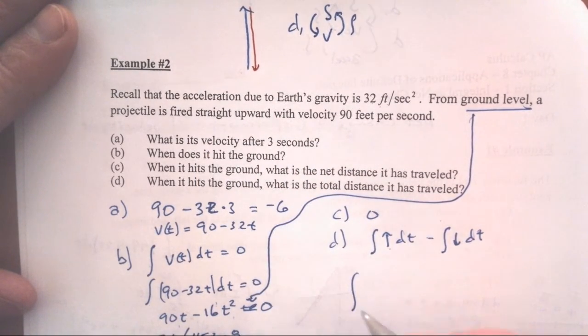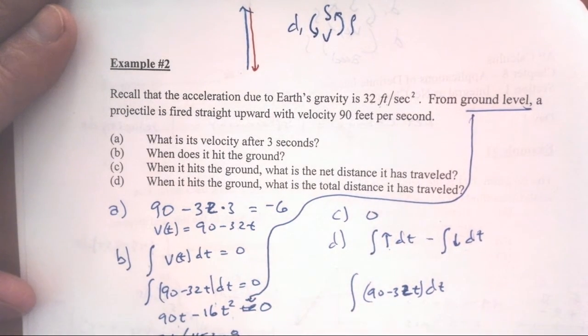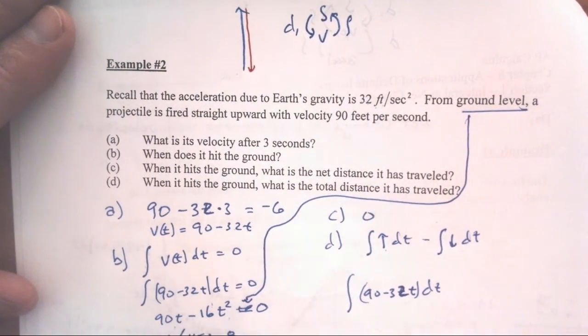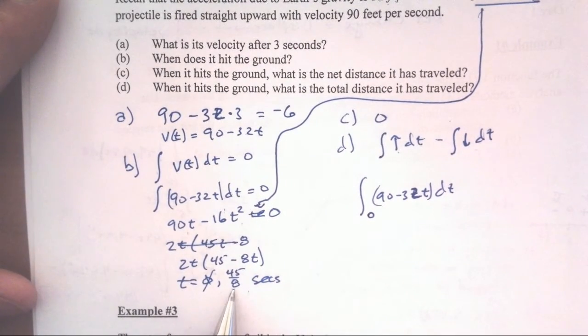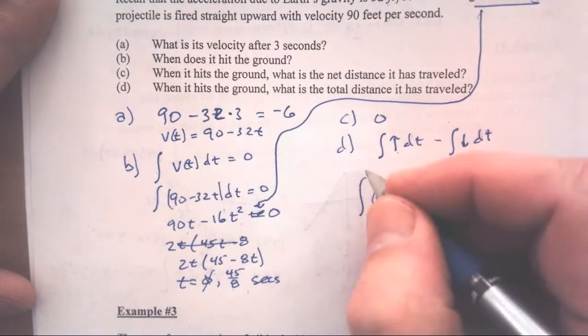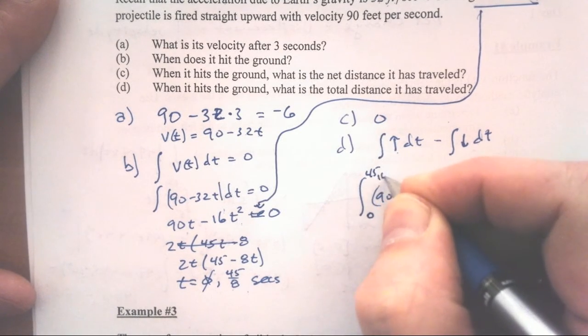We could go integral of 90 minus 32t dt, I think I did that earlier, and we could just handle the going up part. The going up part stands to reason, I believe. We go from t is 0 to t is half of our flight time, 45/16.